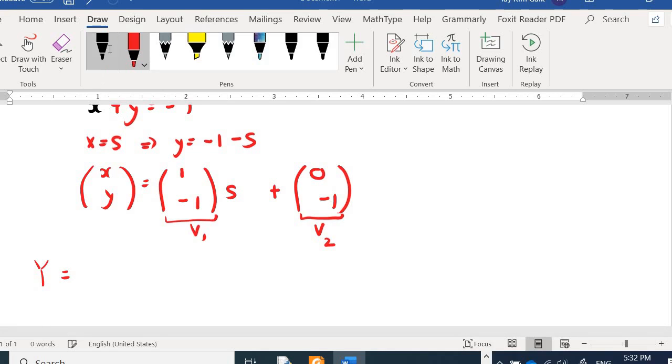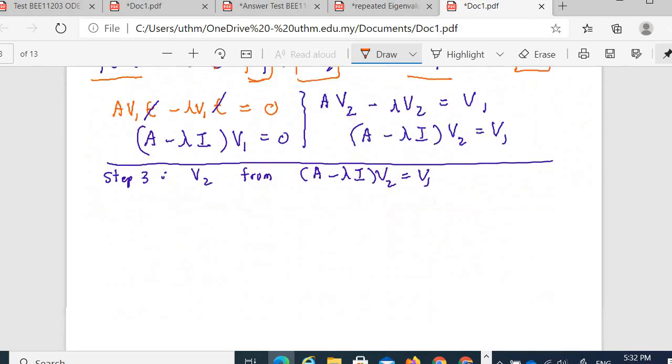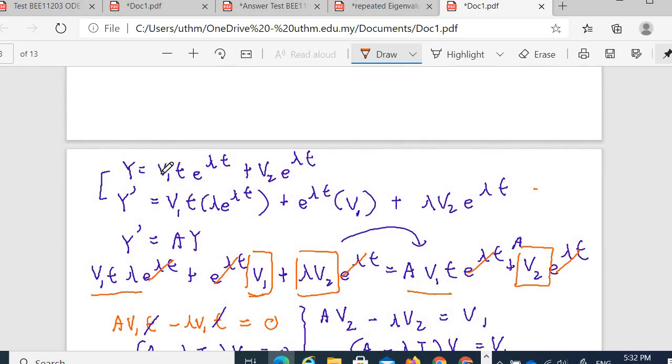The solution is actually y equal to a V1 exponent lambda t plus b, okay, b. Remember just now we assumed the solution is this way. We assume here, this is actually the second solution.